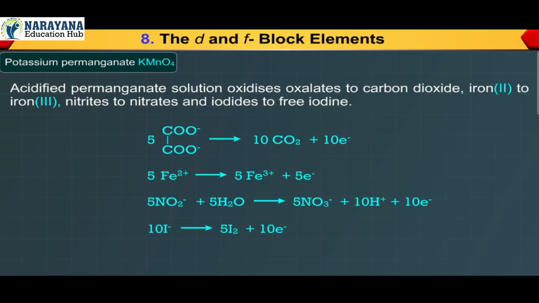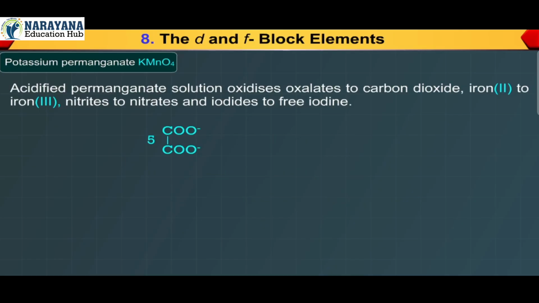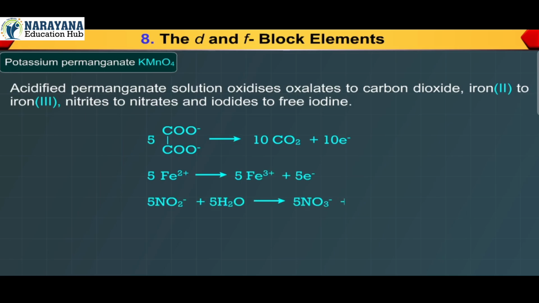The half reactions of reductants are: 5 C2O4 2- gives 10 CO2 plus 10 e-. 5 Fe2+ gives 5 Fe3+ plus 5 e-. 5 NO2- plus 5 H2O gives 5 NO3- plus 10 H+ plus 10 e-. 10 I- gives 5 I2 plus 10 e-.